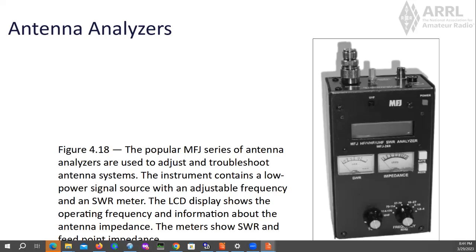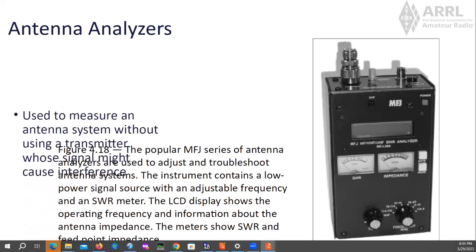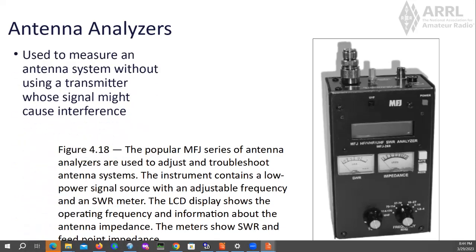The meters show SWR and feed point impedance. Used to measure an antenna system without using a transmitter whose signal might cause interference.